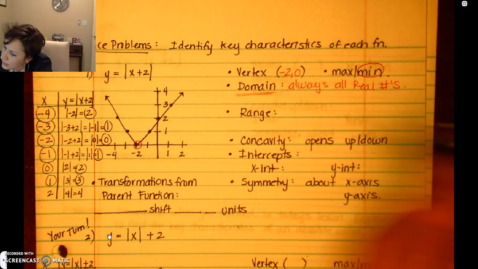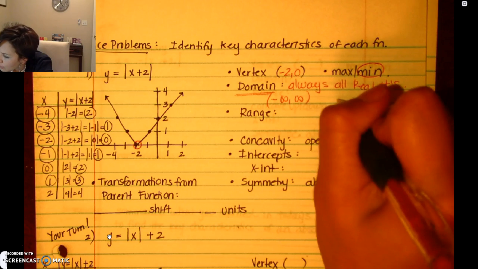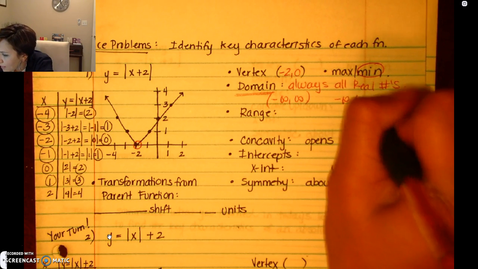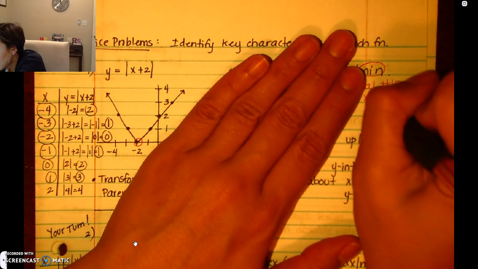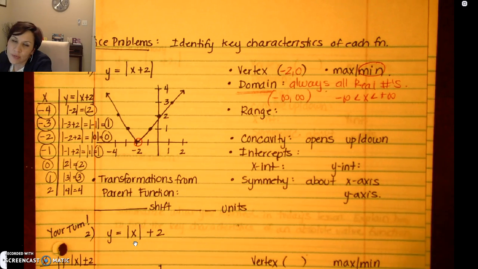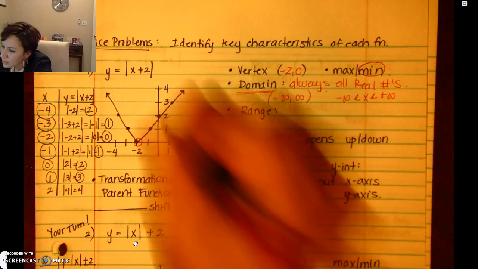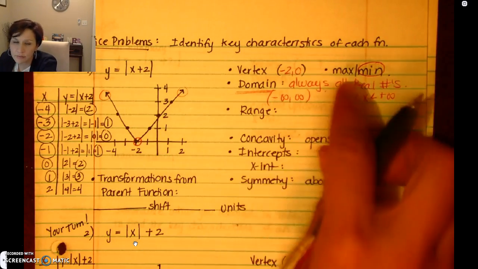Okay, so in this case, we're going from -infinity to +infinity, or for all x values greater than -infinity, or you can say for all x values less than +infinity. So the way to say it is all x values between -infinity and +infinity. These are going forever in both directions, forever to the left and forever to the right.